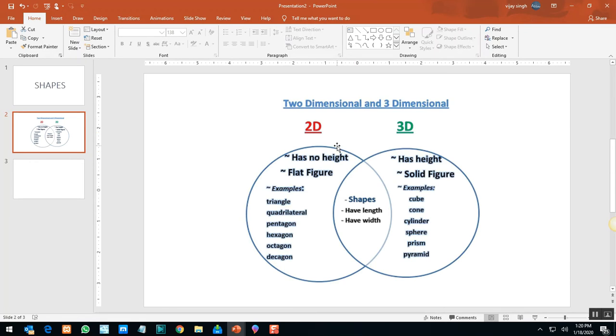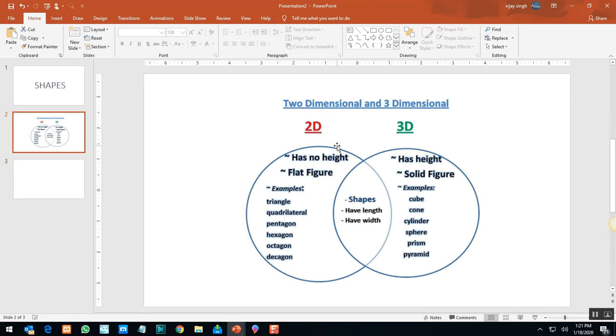When we are talking about 2D, it means two dimensional. So here we are talking about flat shapes. Flat shapes have one very important property: they do not have any height.